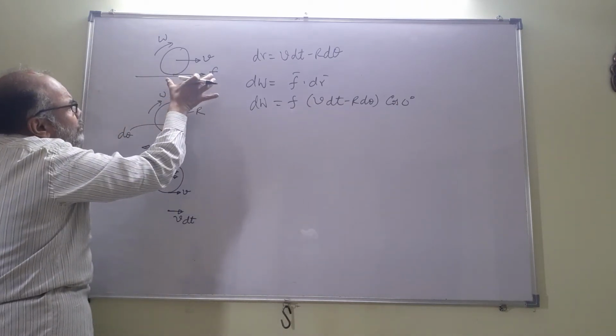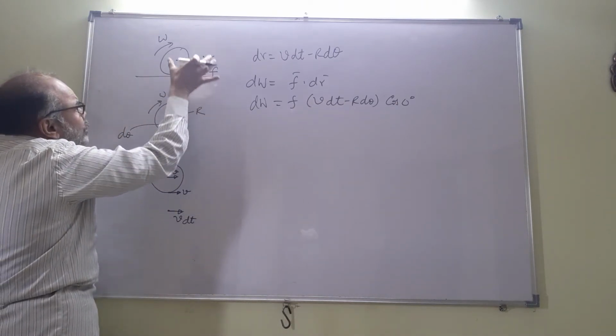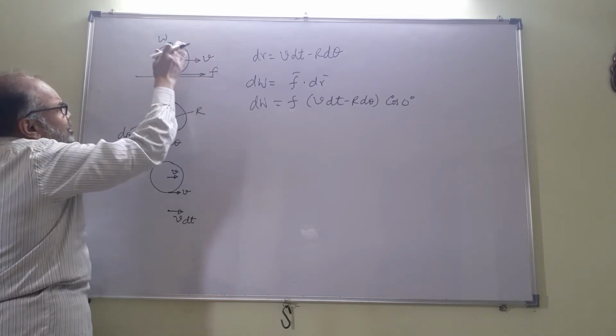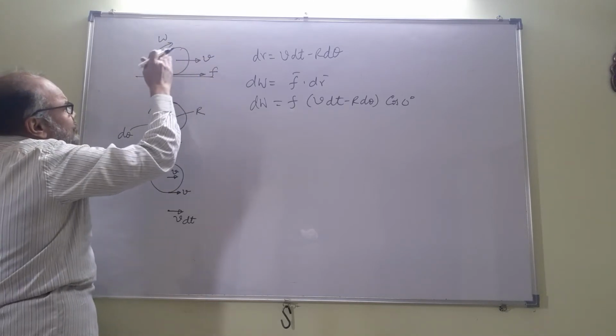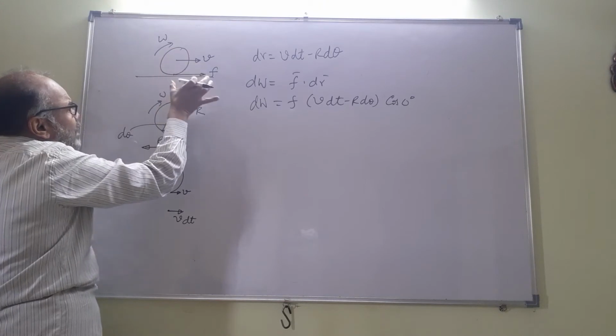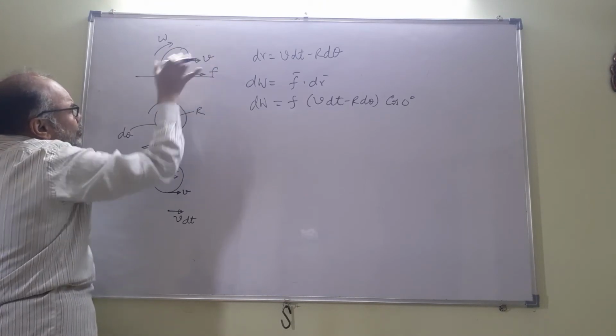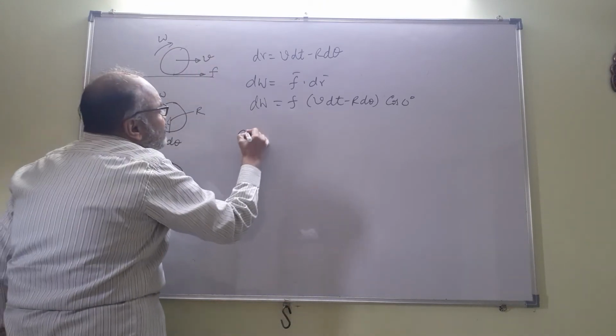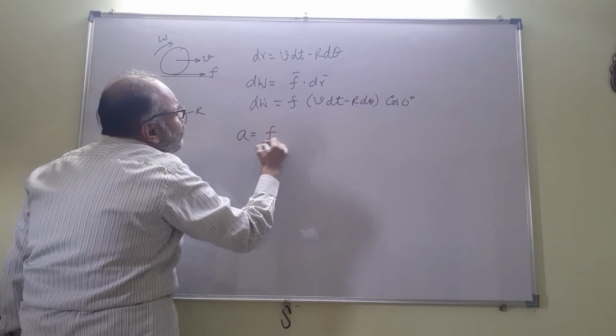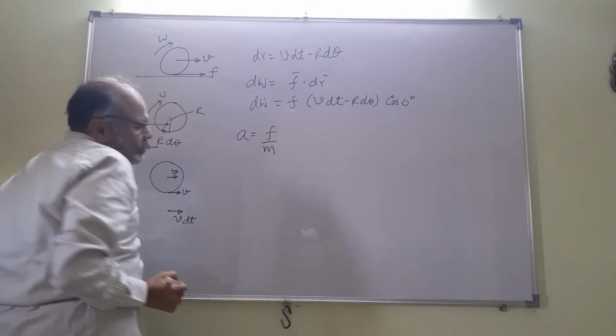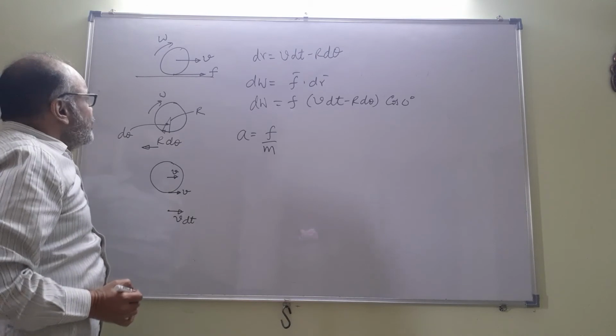So if you put this frictional force on the center of mass, that is, treating the entire body as if it is concentrated at the center of mass, the acceleration would be F by the mass of the disc.